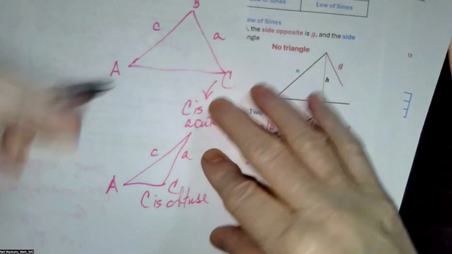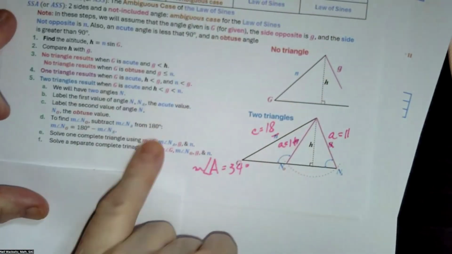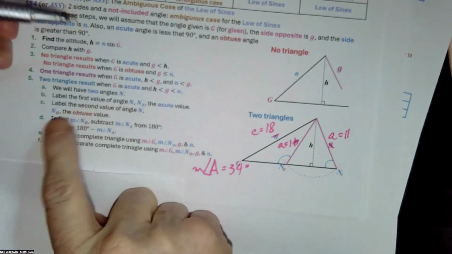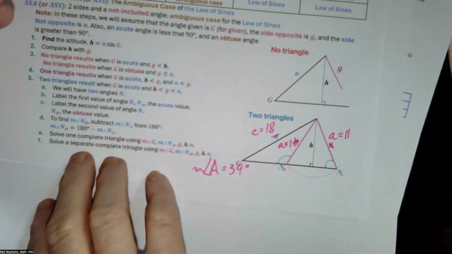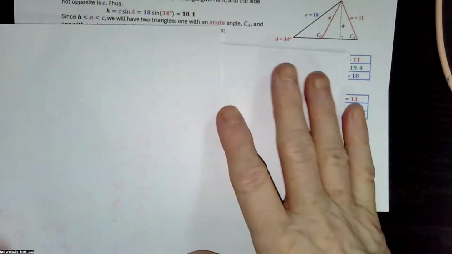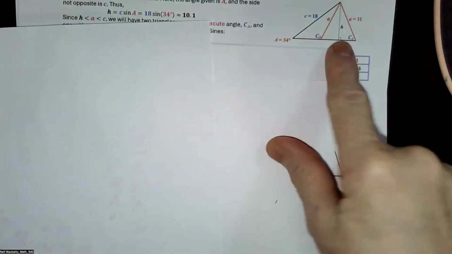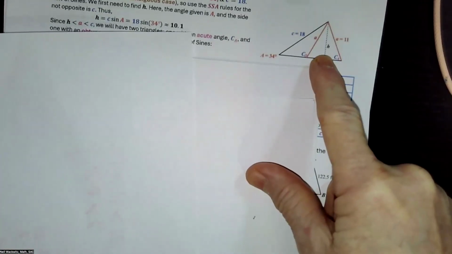But it's really important for us to know, and that's why I put all of this detail, because if you know where you're going, then it's not as hard. So we know that we've got this situation.